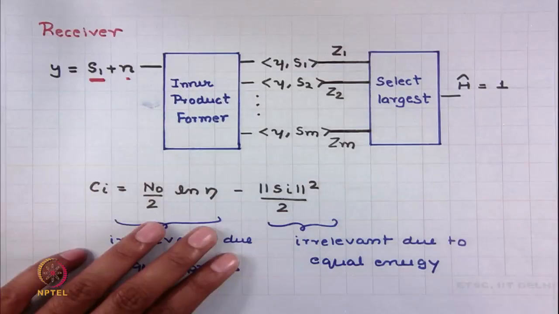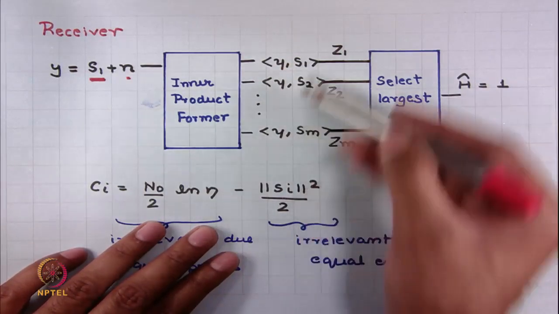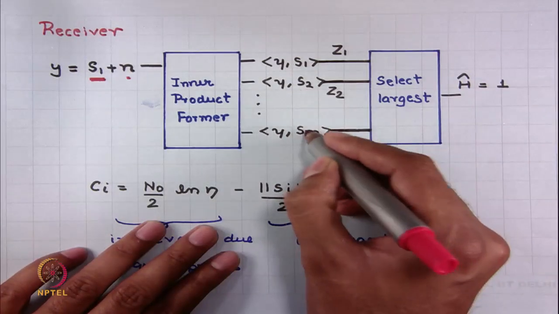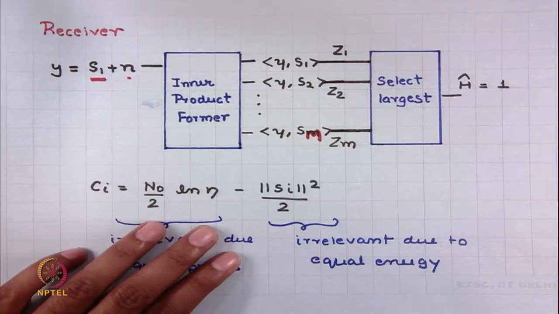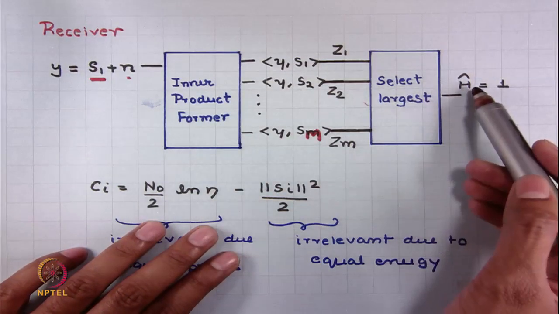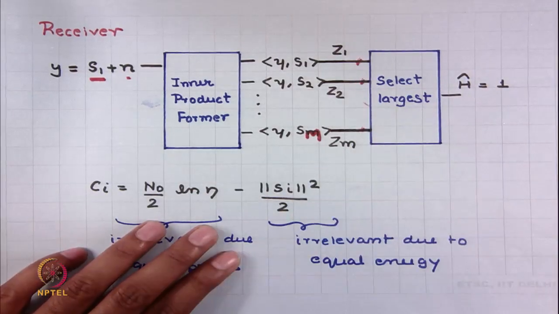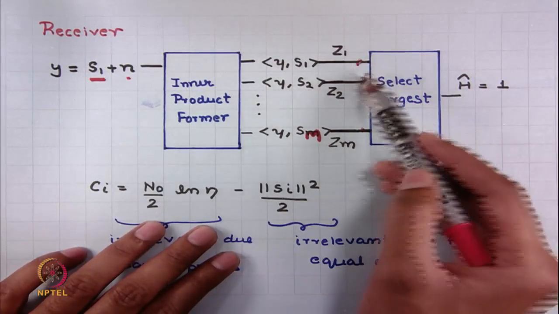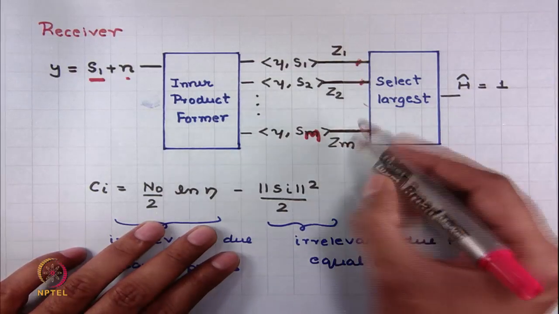What we do in this receiver is take the inner product of the received quantity with all signals in the signal set, and then once you have computed this inner product, you have a block which selects the hypothesis which has the largest resultant at this point. And what we also show here is that at these points we have M random variables Z1, Z2 and ZM.